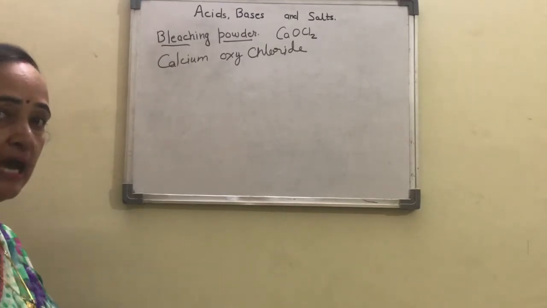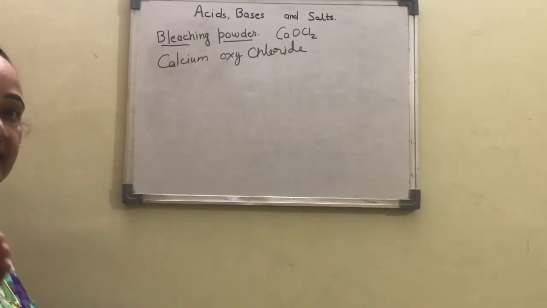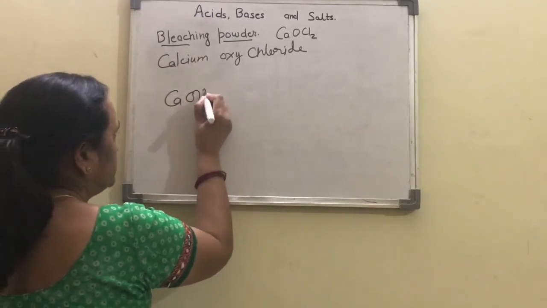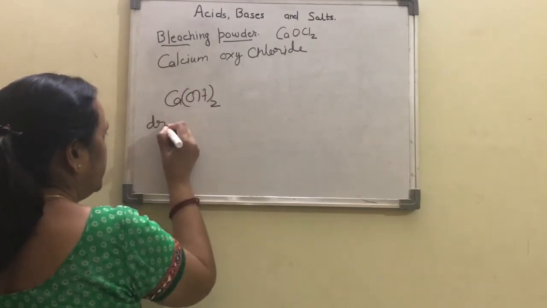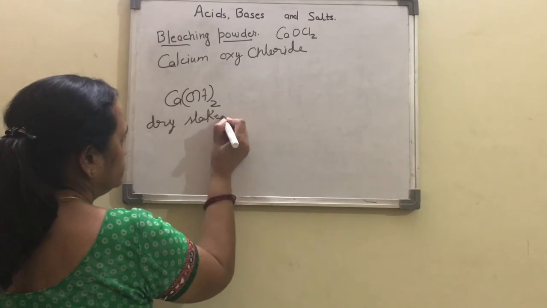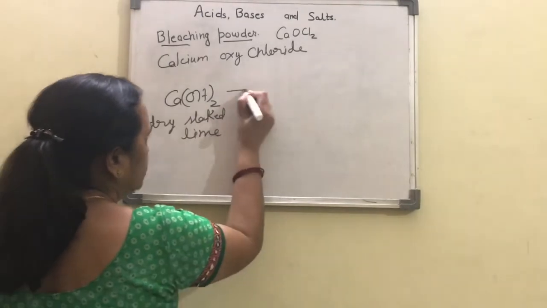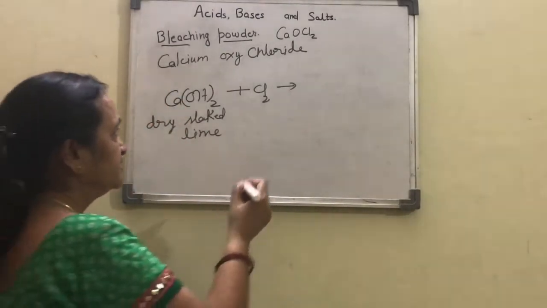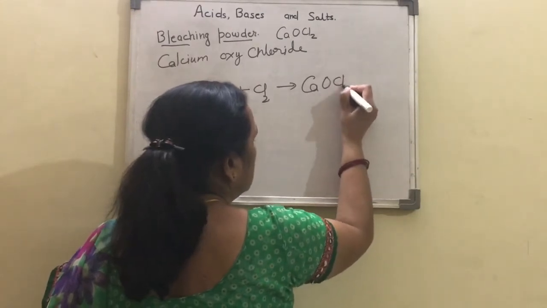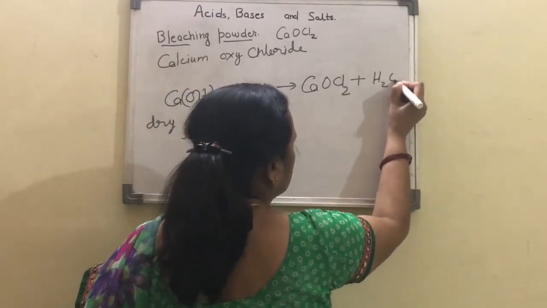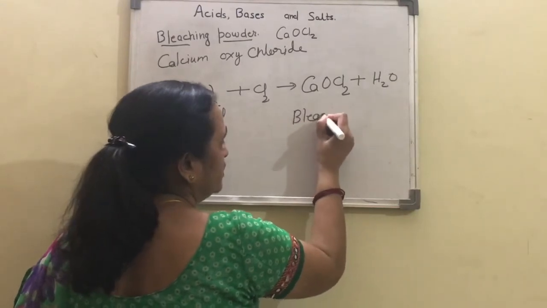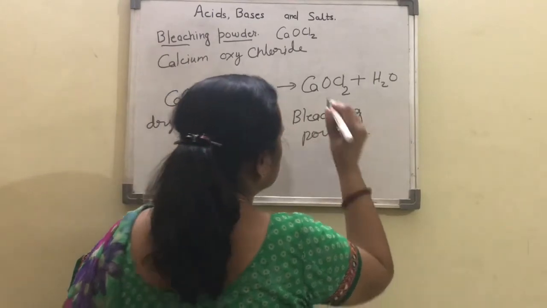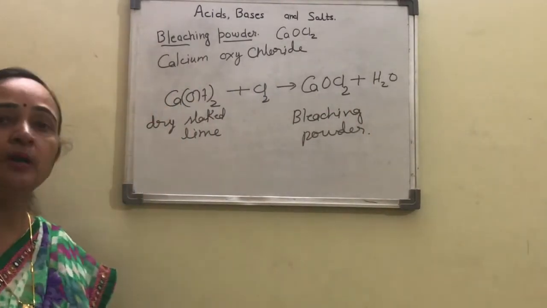When chlorine gas is passed into dry slaked lime, that is calcium hydroxide, bleaching powder, or calcium oxychloride, CaOCl2, is formed, plus water. So this way bleaching powder can be prepared.